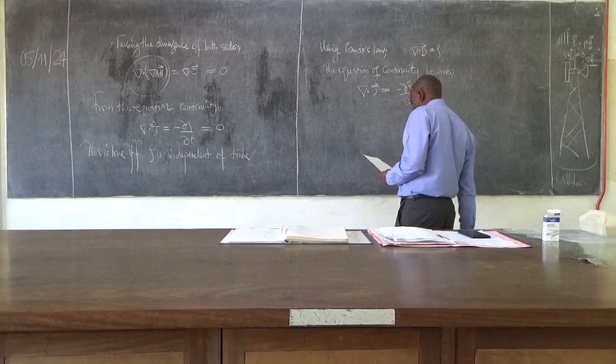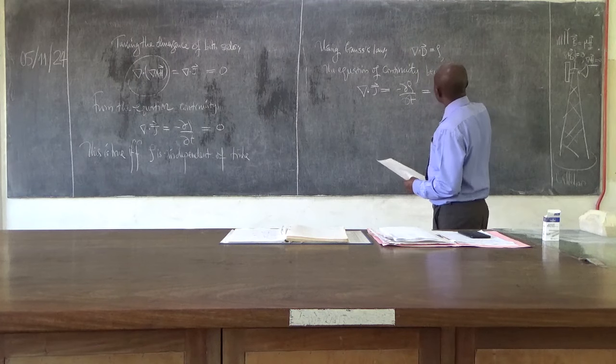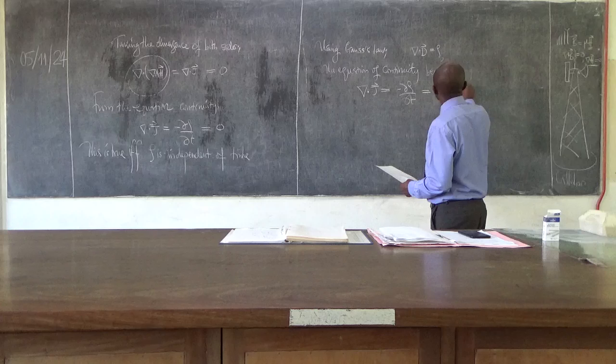Rho is divergence of D, so it will be minus partial by partial t of divergence of D.